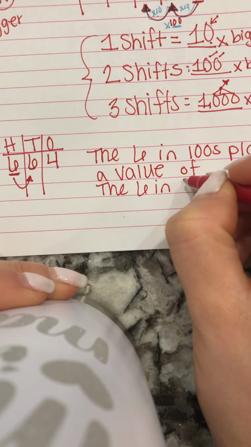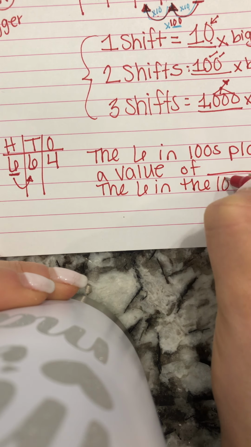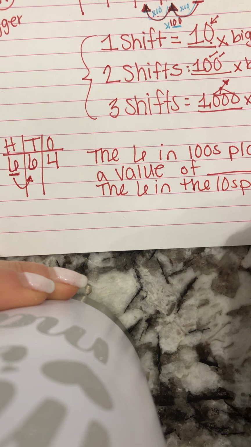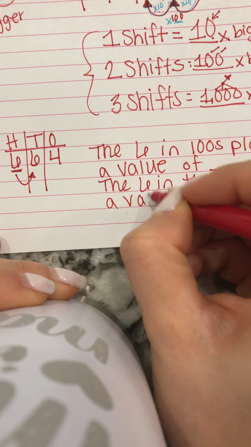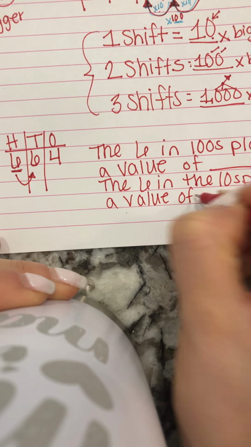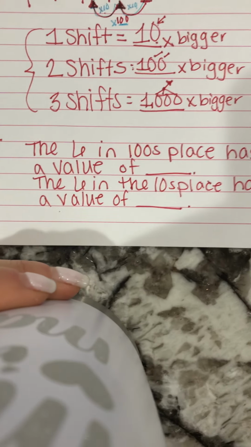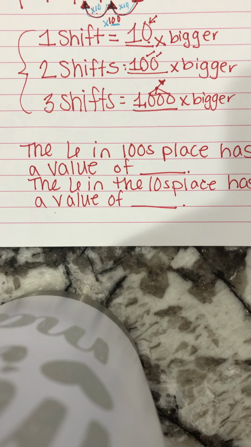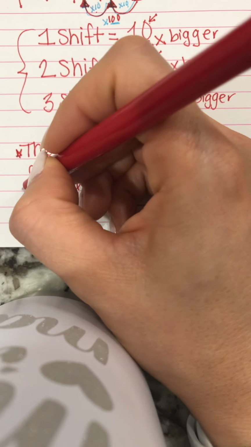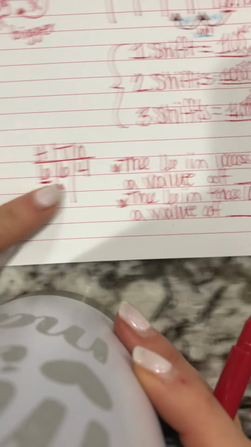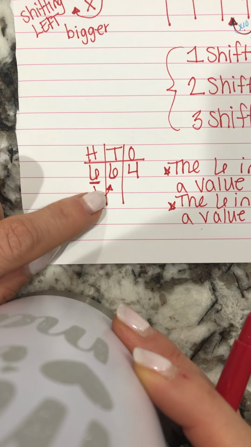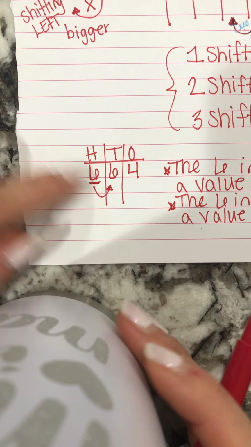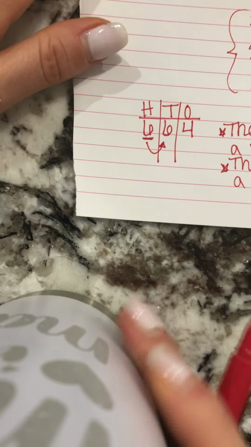The 6 in the tens place has a value of blank. This is a great question to think about when you're starting to do relative place value, even if they don't ask you to fill in that sentence.